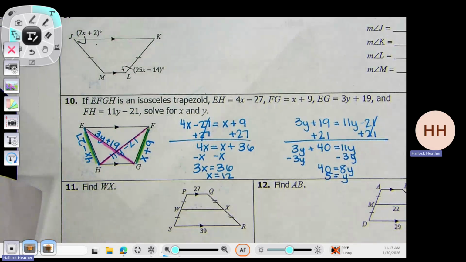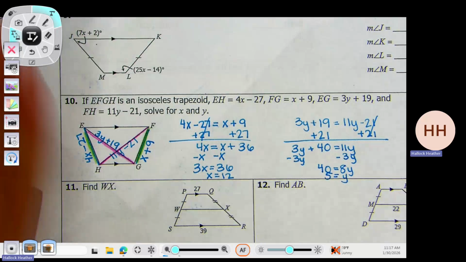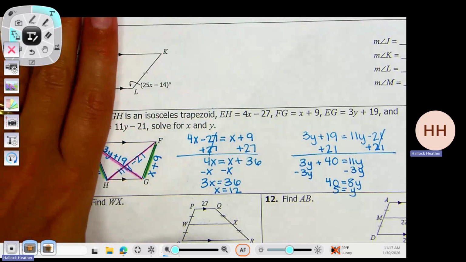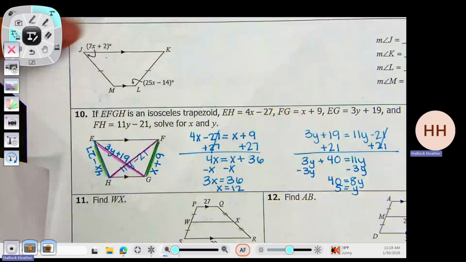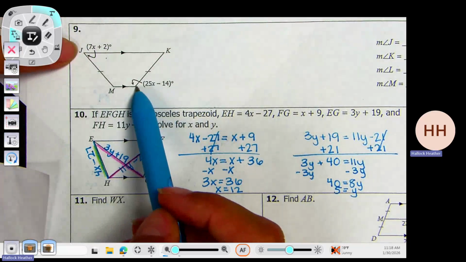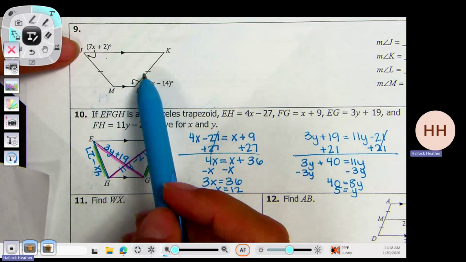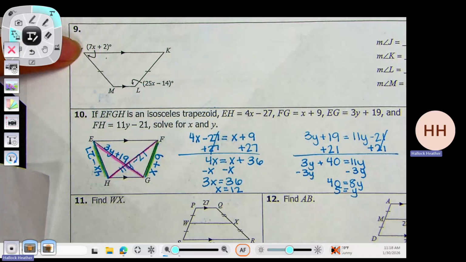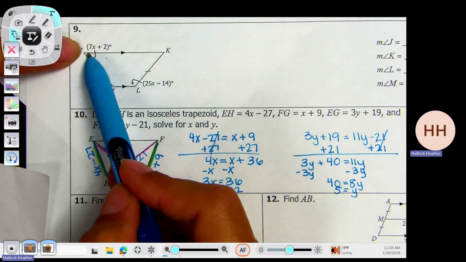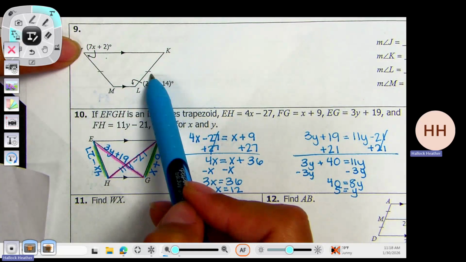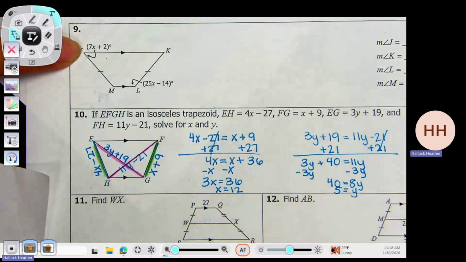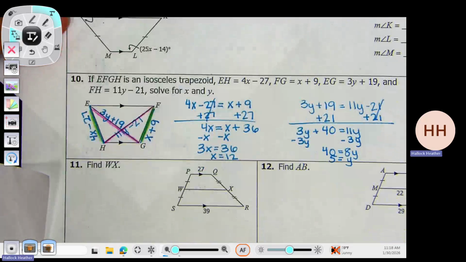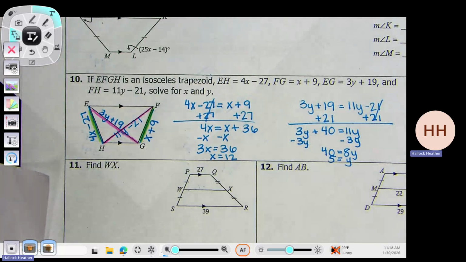Basically, half the picture adds to make 180, like if they were angles like this one. So that side would add to make 180, and this side would add to make 180. Using your eyeballs and common sense, do these look like they're equal? No. So they add to make 180, because the property of a trapezoid is that same side angles are supplementary. These ones are going to match because it's isosceles, and these ones are going to match because it's isosceles. And then the sides, the only part that's congruent is these and the diagonals.